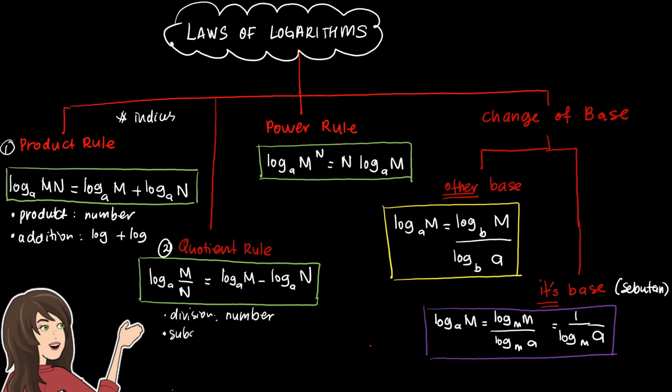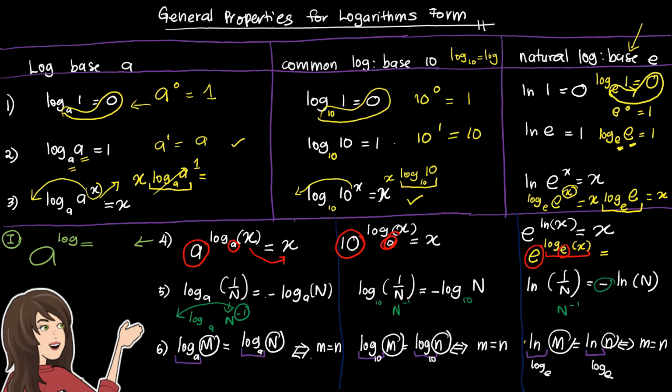Okay, subtraction of log. Right. Okay, this part I also highlight a lot at the slide indices, so please go back and see what is the relation these 2 rules with the 2 rules from indices. Okay, I hope you stay alert for this part.